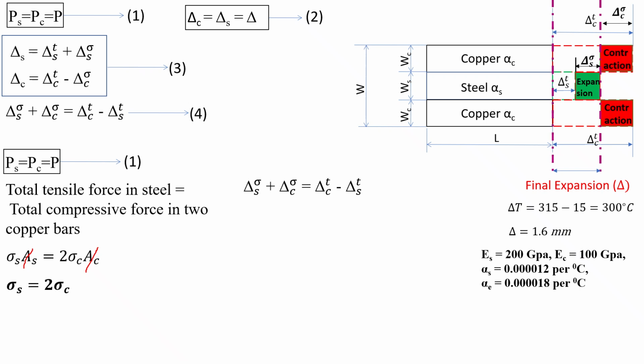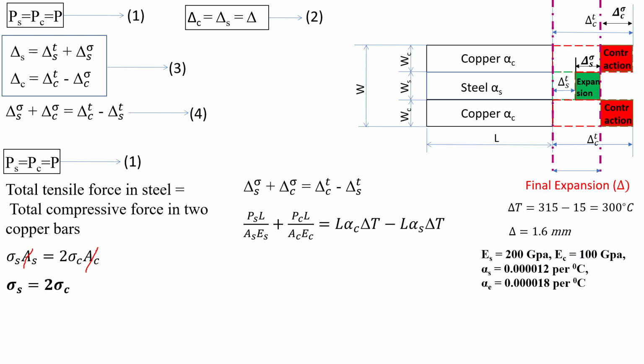So we have to observe equation number 4: delta S sigma plus delta C sigma equals delta CT minus delta ST. From this, delta S sigma, which is the expansion of the steel bar due to the tensile stresses, that is the deformation of the steel bar due to the tensile forces, we know delta equals PL by AE.